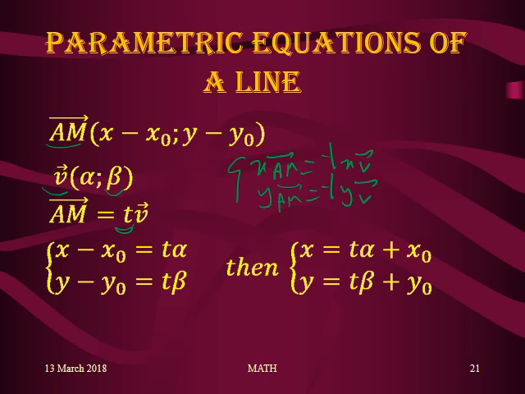Then x equals t alpha plus x0, y equals t beta plus y0. This is a parametric equation.